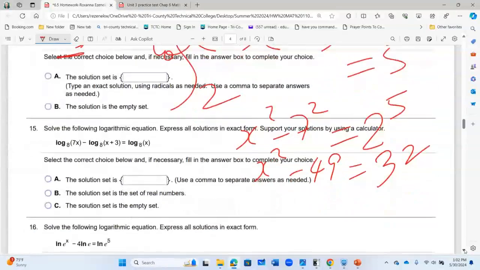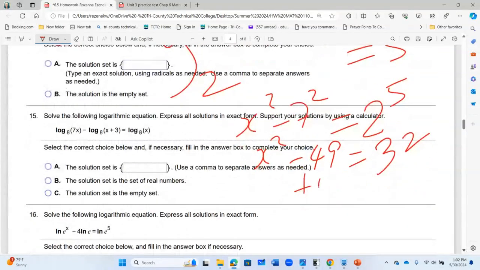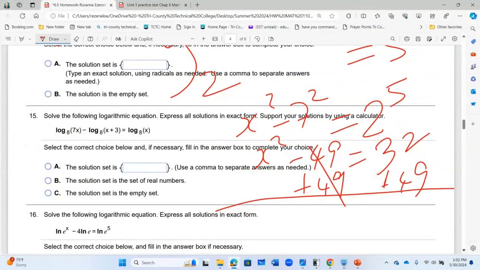If I add 49 on both sides, it's now easier to simplify.